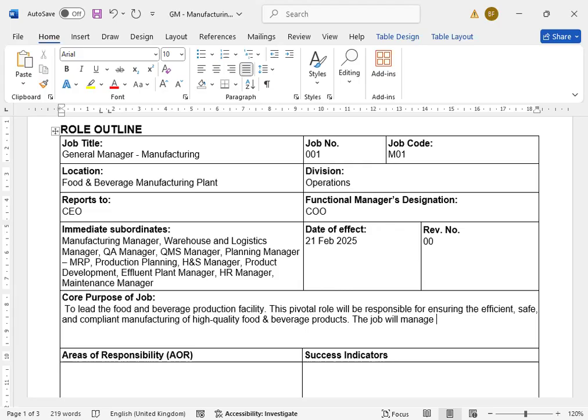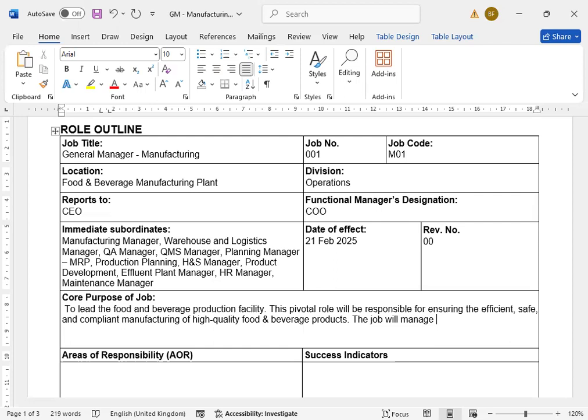So the recruitment or the HR will make sure that whoever will be the candidate will be qualified enough to fill the position.